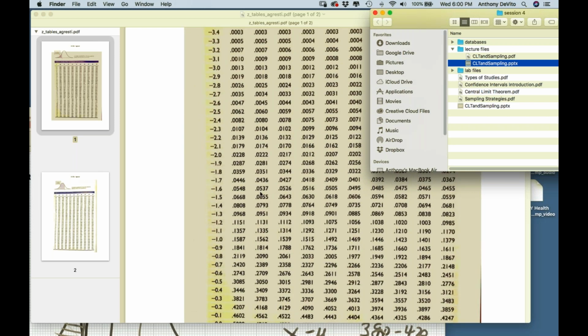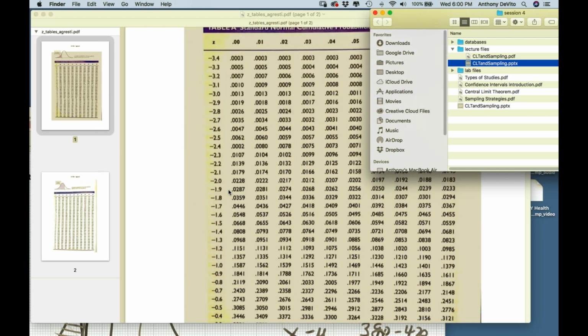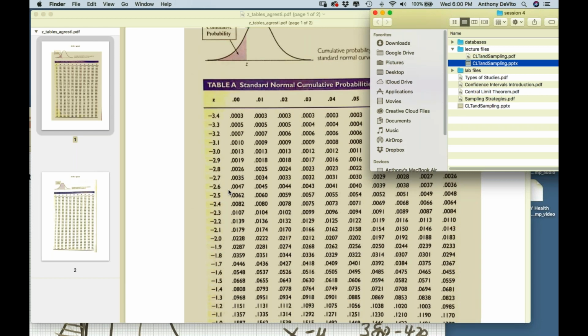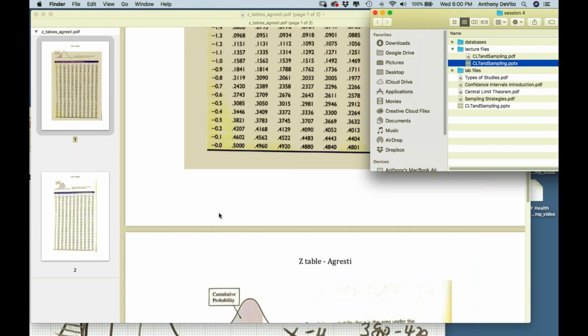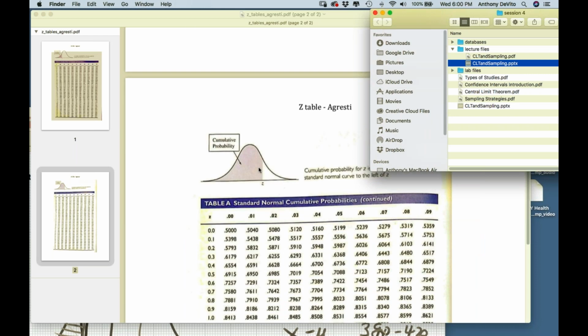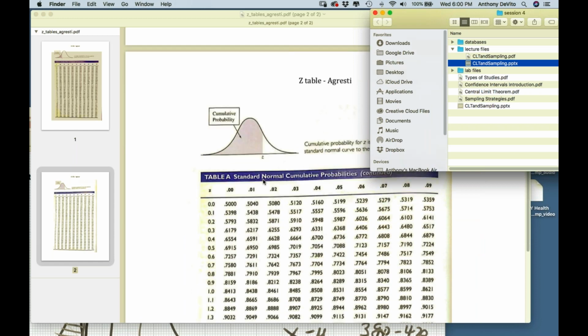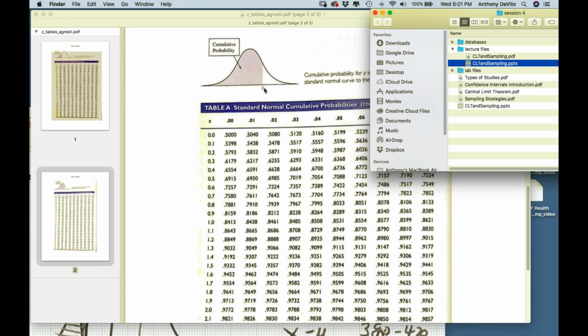All of the values on this first table are negative because they're to the left of the mean, until we get to 0, which is the same thing as the mean. On the other side, if we had a z-score of plus 1.33, we'd be on the right side of the mean, and those are all positive numbers. The z-score from this table indicates the area from the z-score down to the left. This particular table always uses from that z-score down to the left.